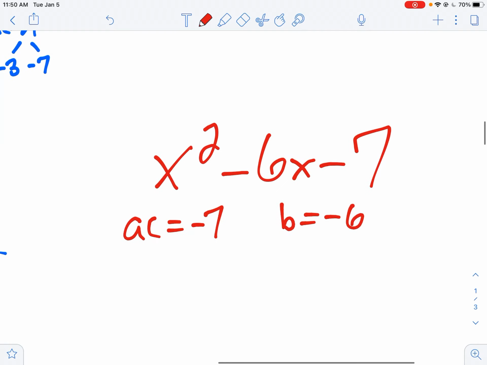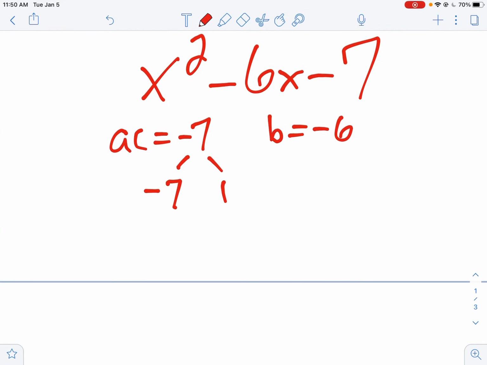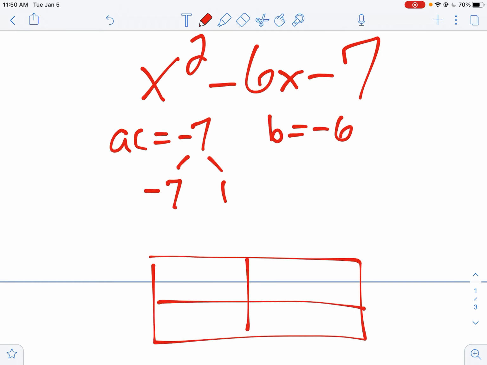I want 2 numbers that multiply to negative 7 and add to negative 6. Just through practice, I know it's going to be negative 7 and positive 1. So I break it up into 4 pieces: x squared, negative 7x, positive 1x, and negative 7.